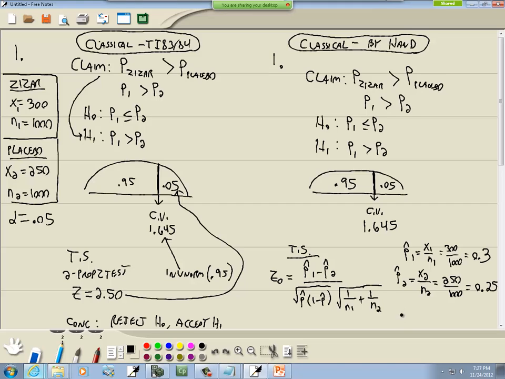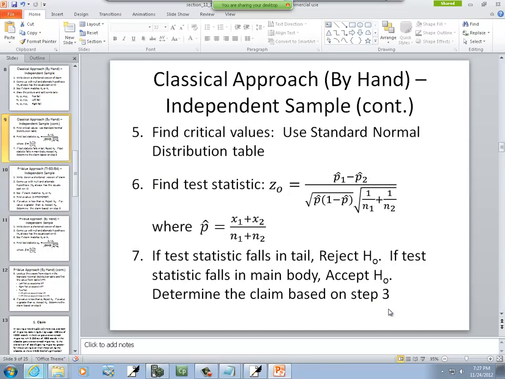And then our P hat, they give us a formula right here, X1 plus X2 over N1 plus N2.